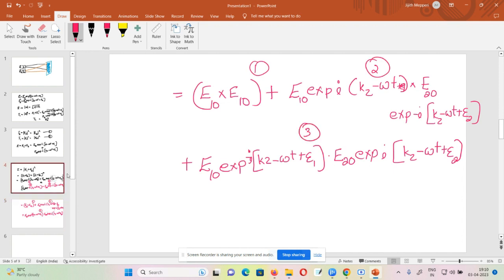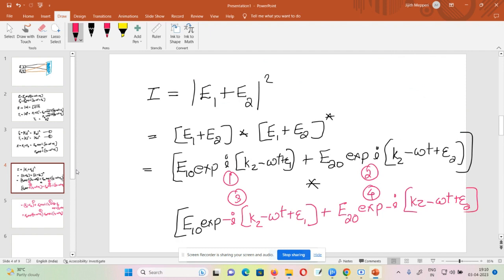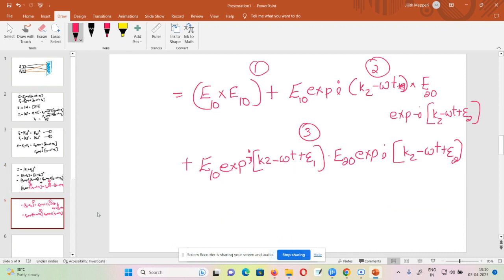Now one more term will be there. 2 into 4: E20 into E20, E20 square, exponential i(kz − ωt + ε2) and exponential −i(kz − ωt + ε2). This exponential term will vanish and only E20 into E20 will be there.